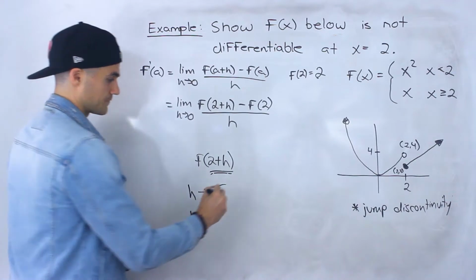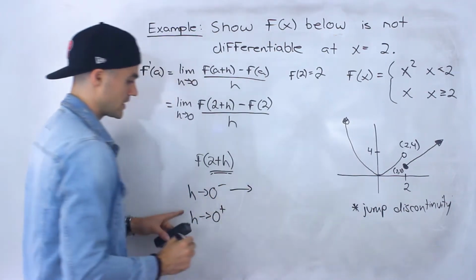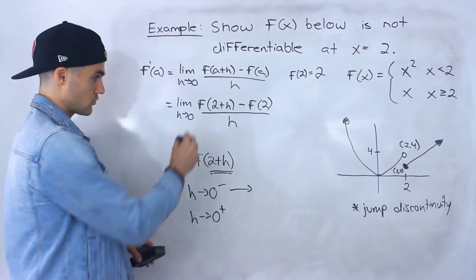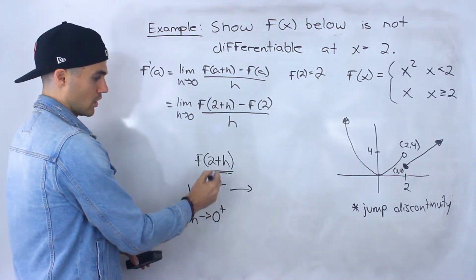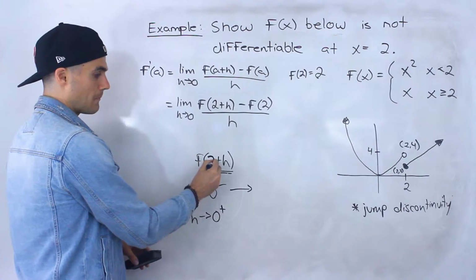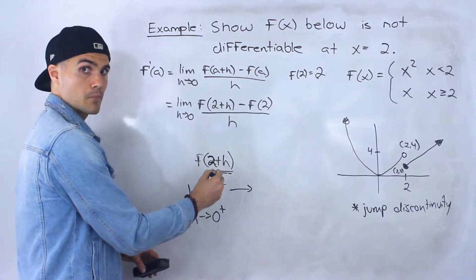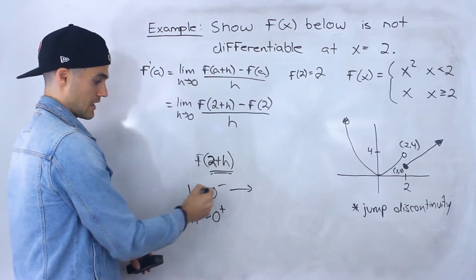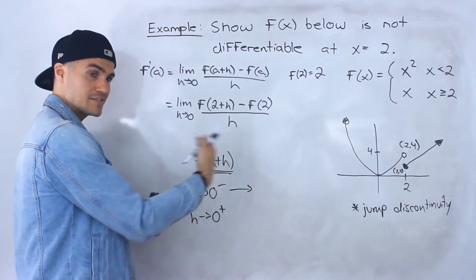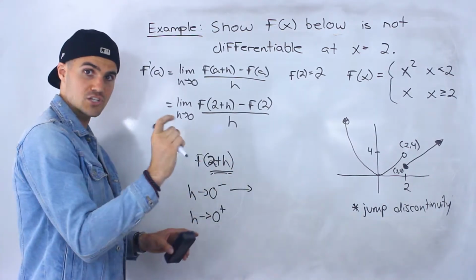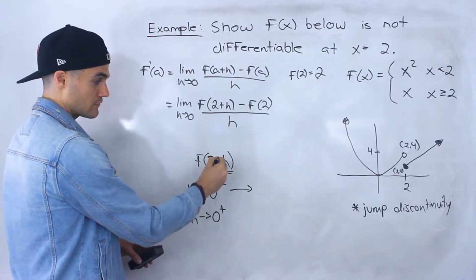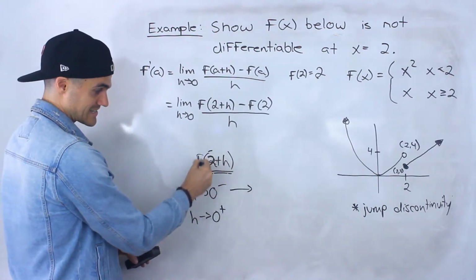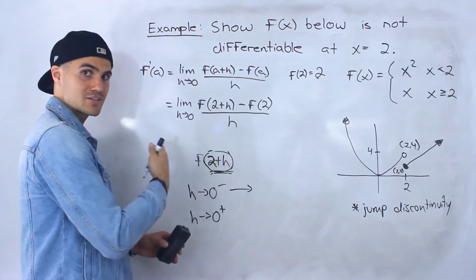Now, why is that? Because notice that if we approach 0 from the negative side, it's going to be 2 minus a very small number, right? If h is approaching 0 from the negative side, h is going to be a very small negative number. So it's going to be 2 minus a very small negative number. So that means that this is going to be less than 2.